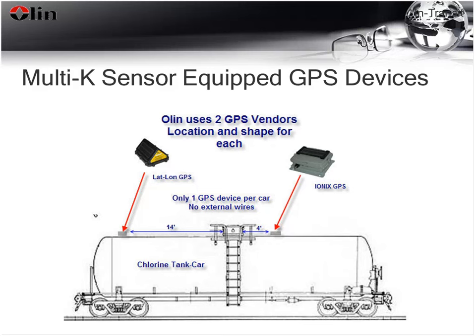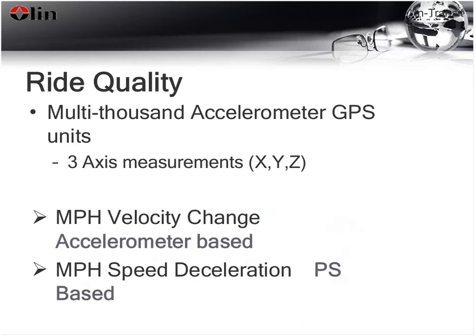Really, we use our data from the GPS units primarily for 2 purposes. One is ride quality, and the other is security. We have several thousand GPS units, and all of them have accelerometers in them. And they detect 3 axes of accelerations in Gs, the X, Y, and Z. That's side, forward, backward, and lifting.